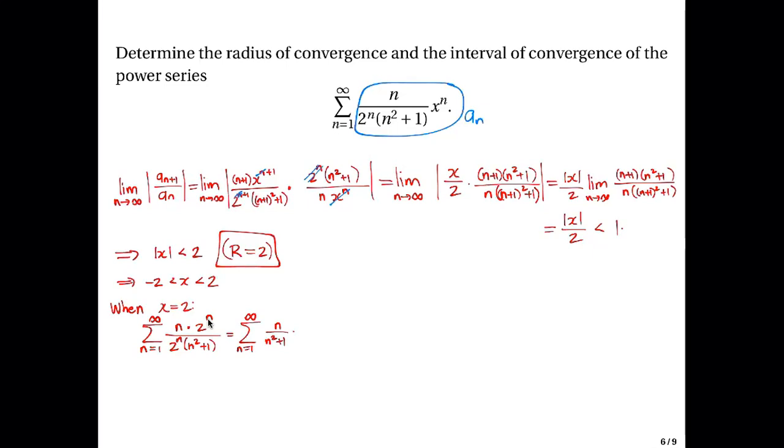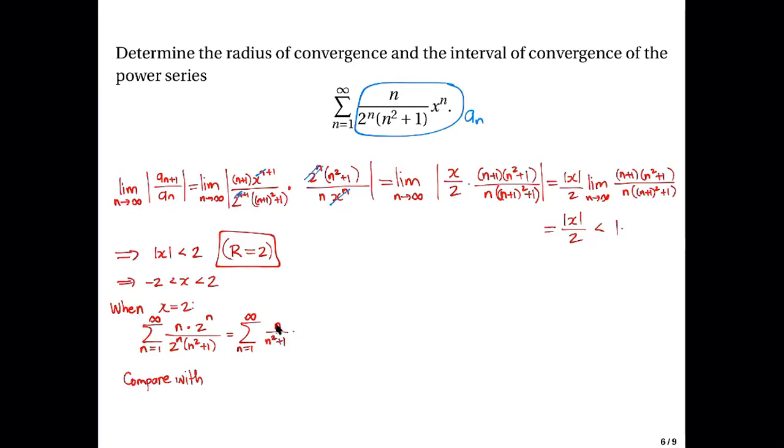So compare with what? You have a polynomial in the numerator, it's just n, and on the denominator, you have a polynomial n squared plus 1. So you take the leading term in the numerator, you also take the leading term in the denominator, and then you simplify.